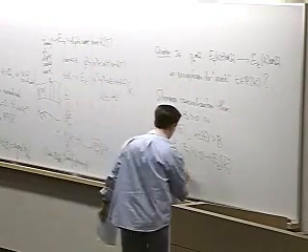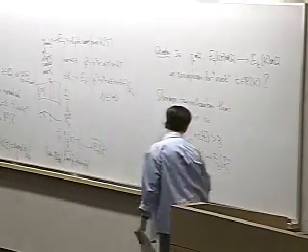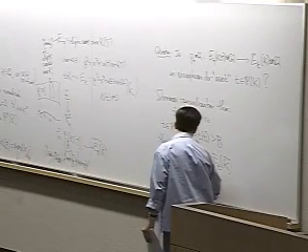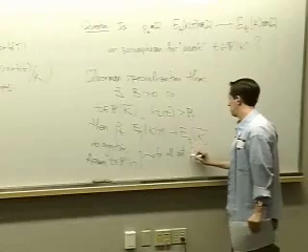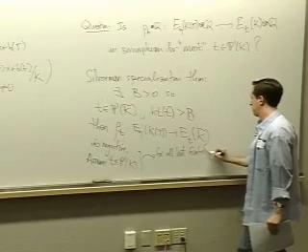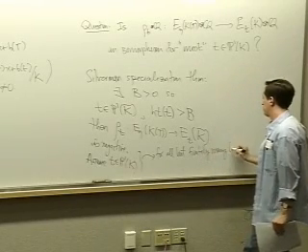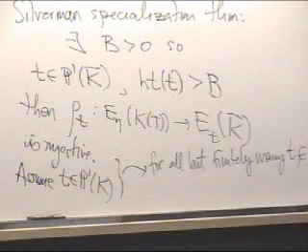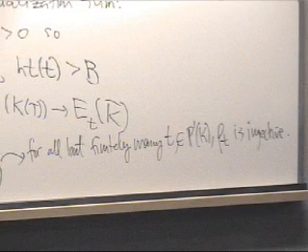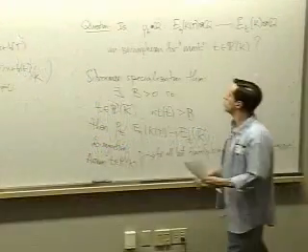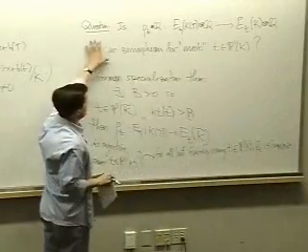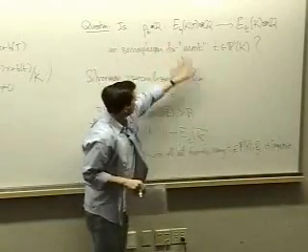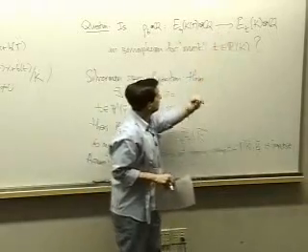So the upshot is that for all but finitely many t, rho t is injective. Is this before tensoring with Q? Yeah, this is before tensoring with Q. And so in that context, if you ignore finitely many, these will always be injective.